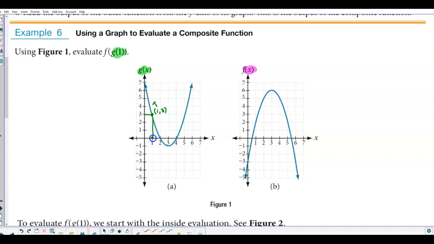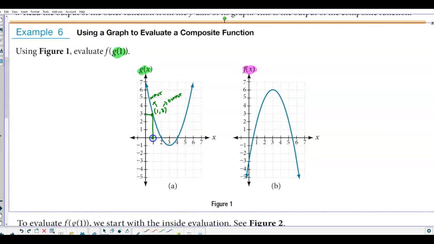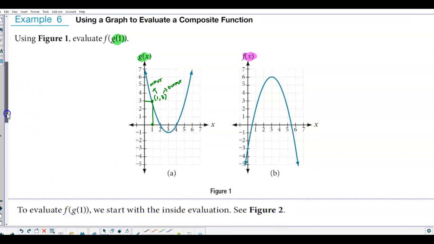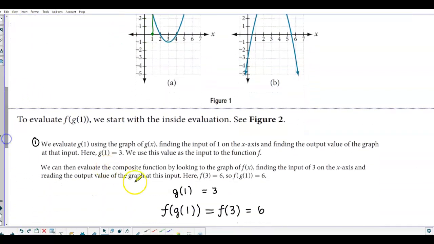If 1 represents the input, then the output on g is going to be 3. So g of 1 gives us an output of 3.